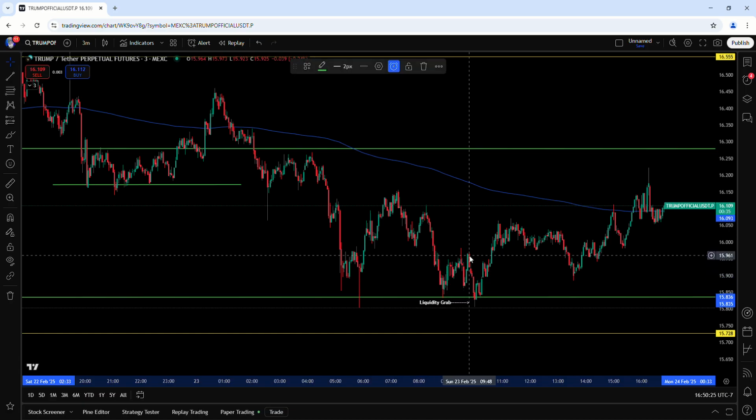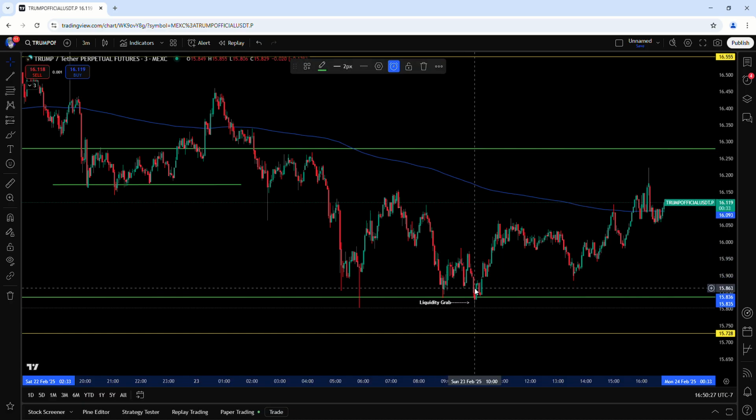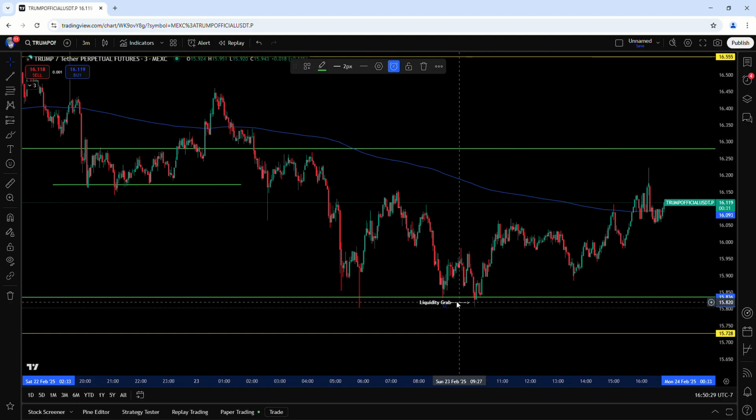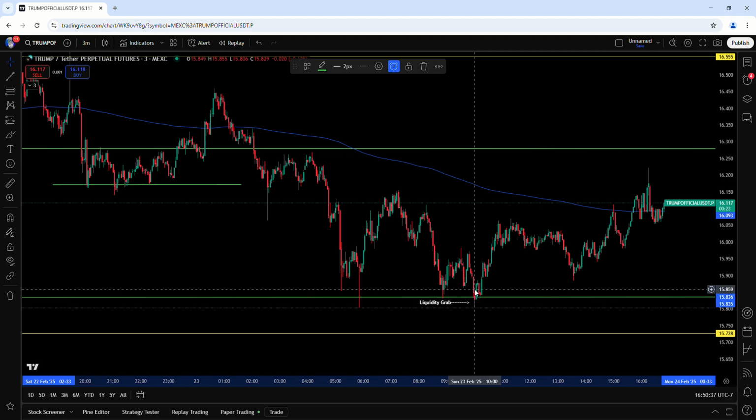Now, as price comes down, I'm looking for a poke below this low and a closed candle above that low. That's what we're looking for. That is your signal. That is the liquidity grab signal. That is the signal that tells you it's time for a reversal.